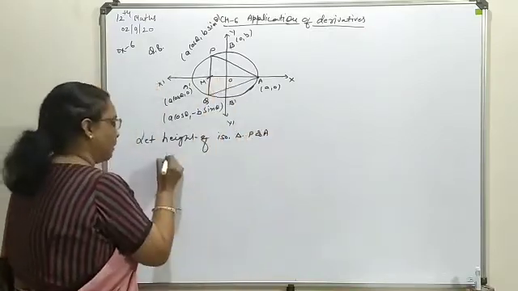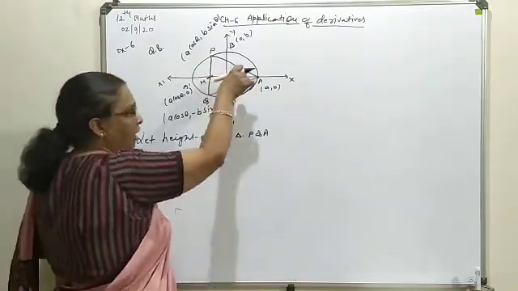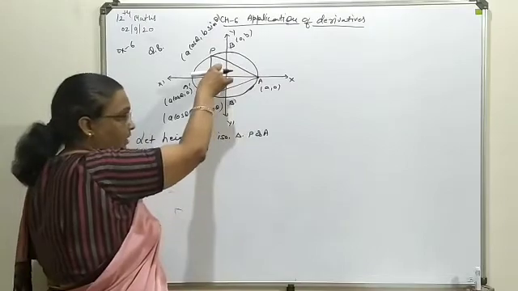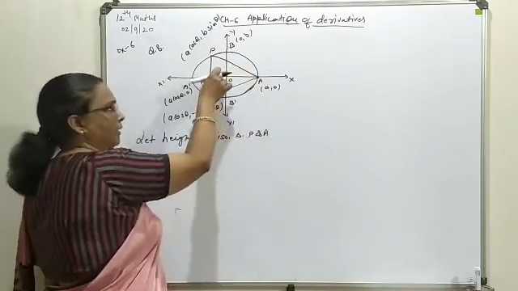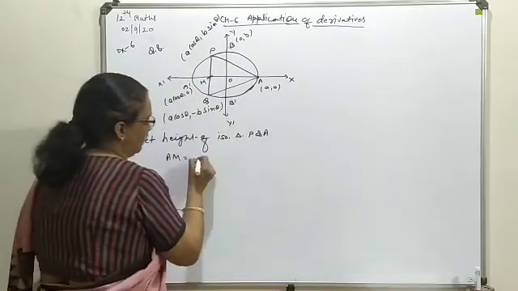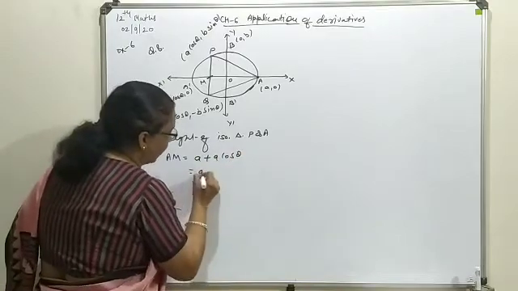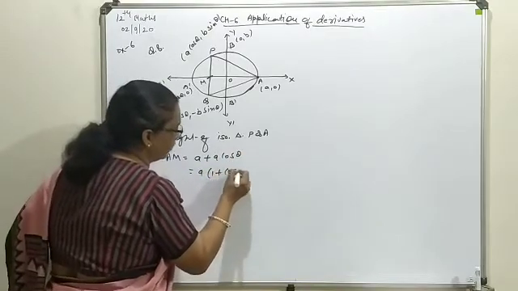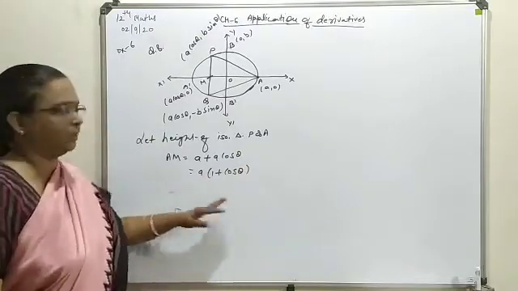Height means AM. It is the sum of two lengths, O to A and O to M. OA is a and OM is a cos theta. So here it will be a plus a cos theta. Taking a common, this will be a times (1 plus cos theta).